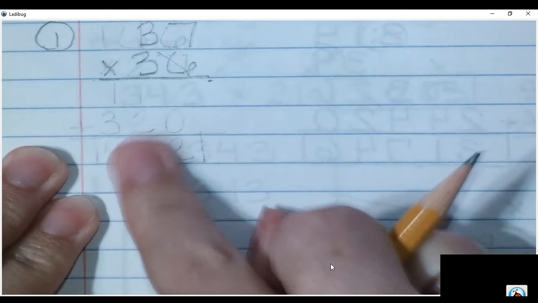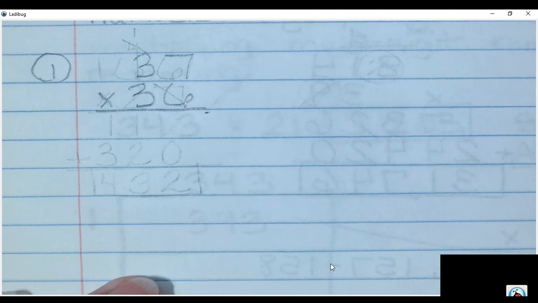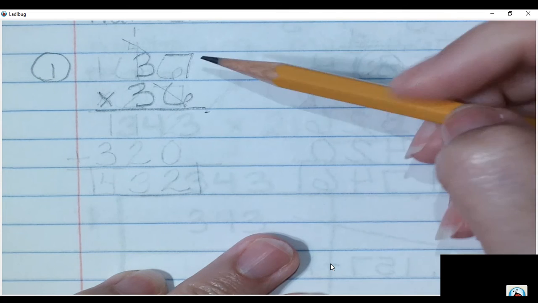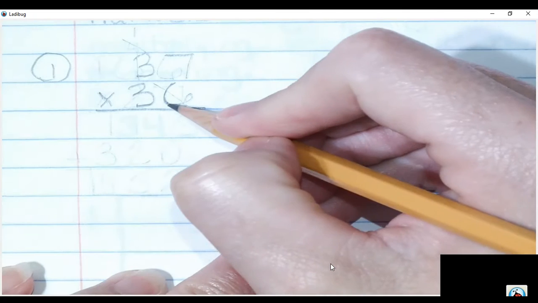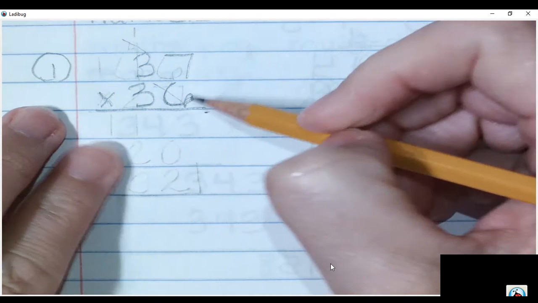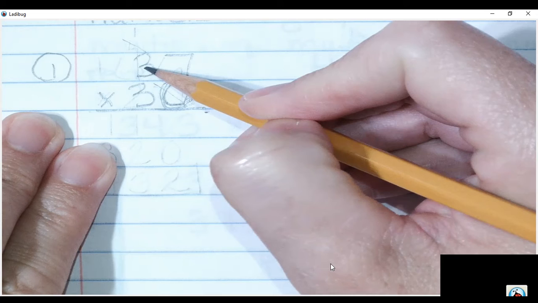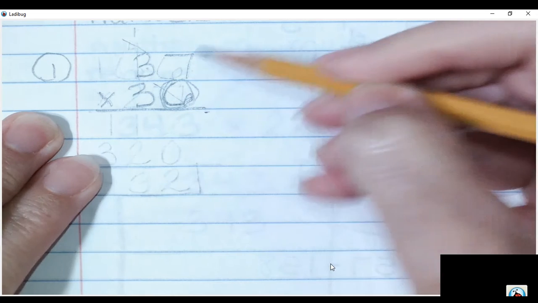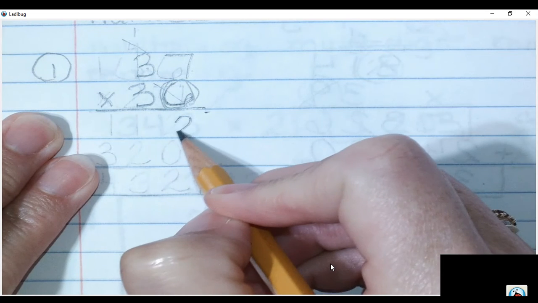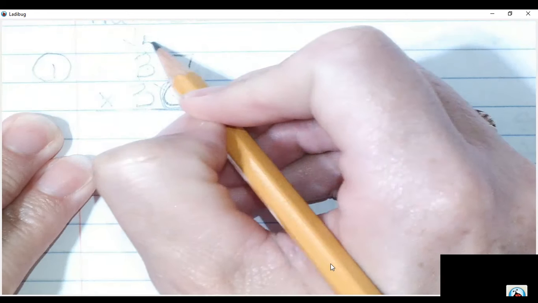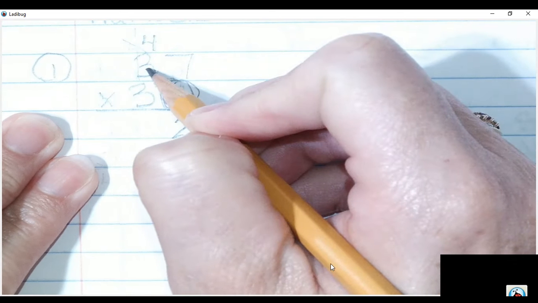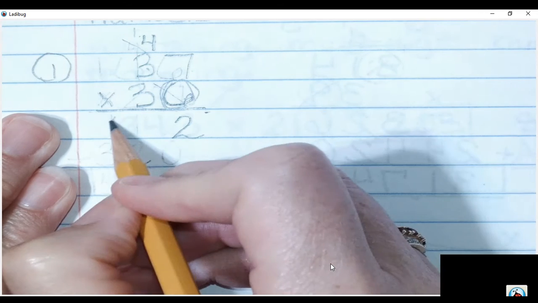As you can see, Miss Mullinax erased earlier because I messed up the video, but that's okay. Here we go. We can still see pretty well. Okay, first thing I'm going to do is 6 times 7, and then 6 times 3. 6 times 7 is 42. Put down the 2 and carry the 4. 6 times 3 is 18. 19, 20, 21, 22.